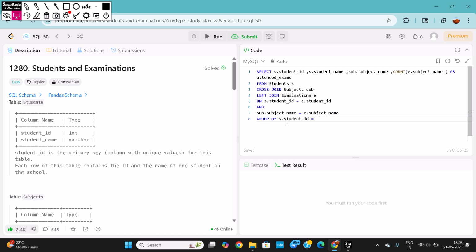And s dot student name, as well as sub dot subject name. Let's copy from here.